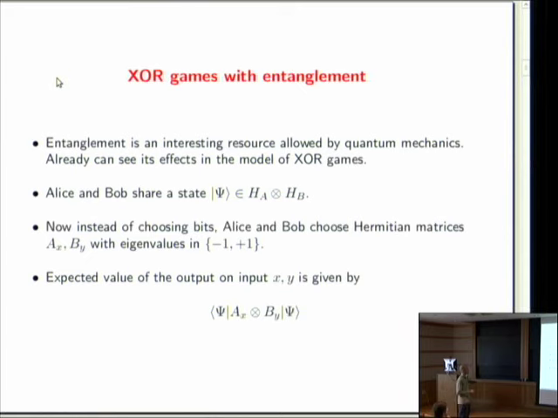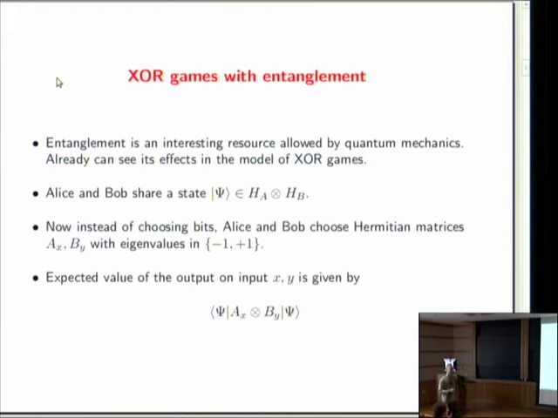Okay, so in this model, Alice has some Hilbert space H_A and Bob has some Hilbert space H_B, and they share a bipartite state in the tensor product of these spaces. Now, instead of choosing bits, you're going to choose Hermitian matrices, capital A_x and capital B_y, that have plus or minus 1 eigenvalues.